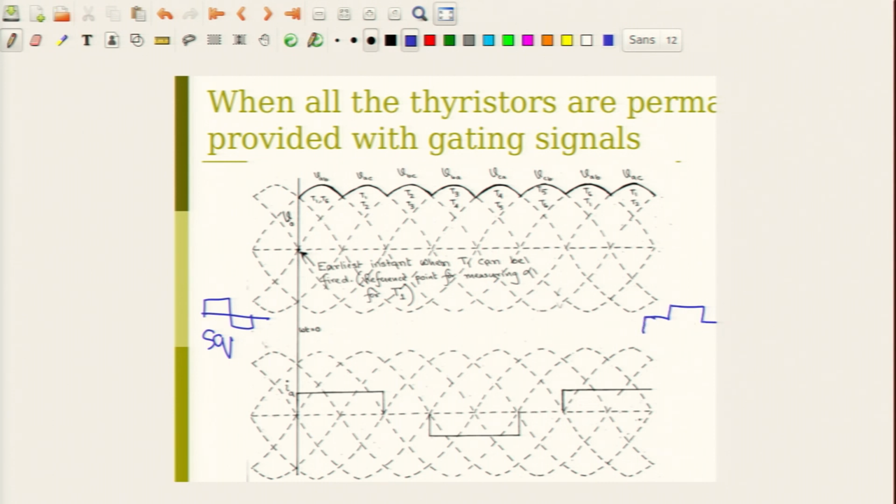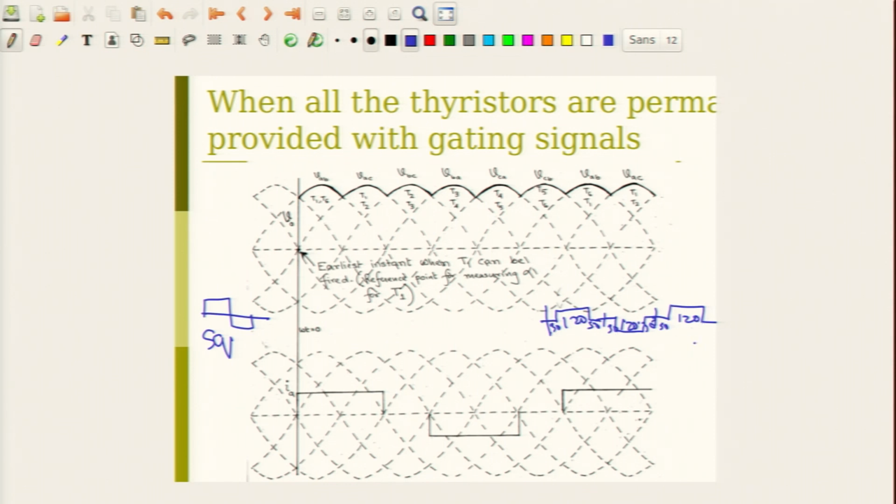Okay, on this side this is 120 degrees, this is 30, this is 30, this is 120. So, the waveform is actually 30, 120, 30, 30, 120, 30, this kind.